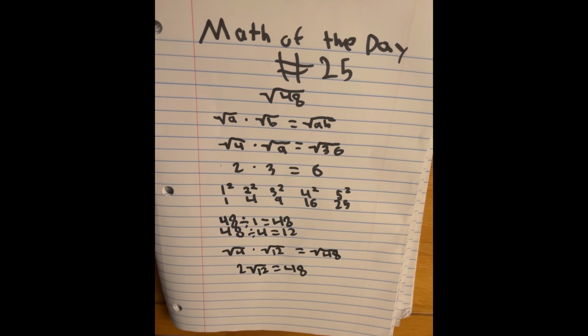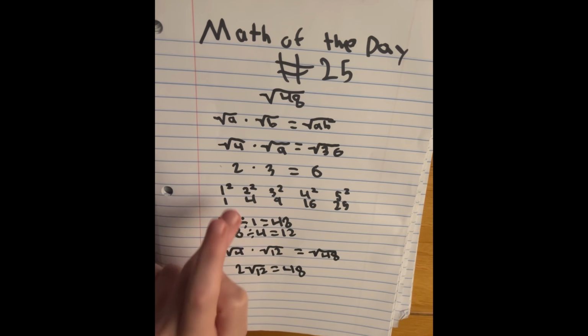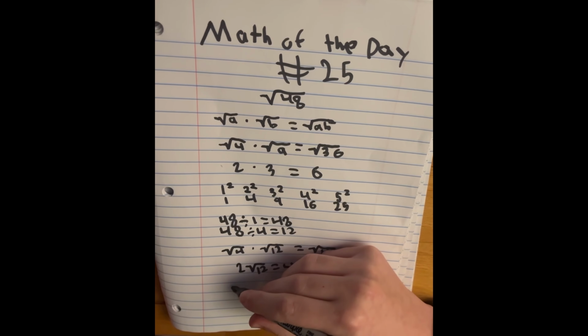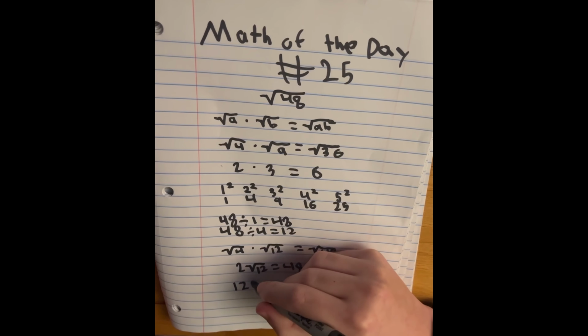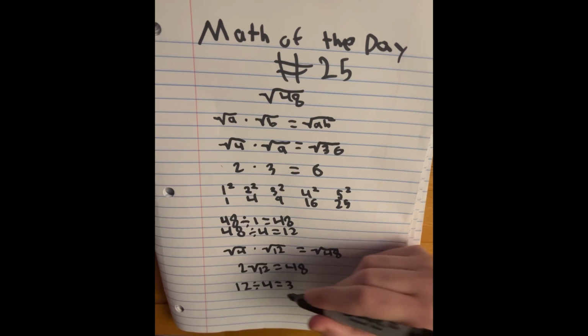We can do this exact process again with the square root of 12. Obviously, 12 divided by 1 is just 12, so we move on to 4, and 12 divided by 4 equals 3.